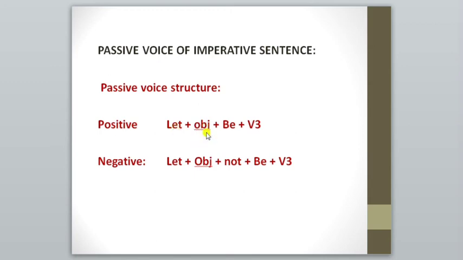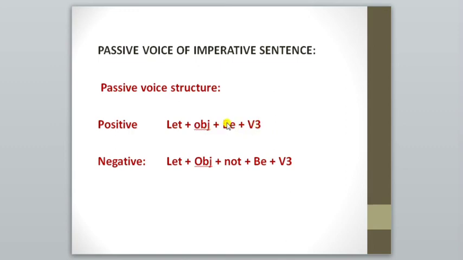Let plus object plus be plus V3. Suppose here your sentence is open the door. Open is the verb, the door is the object, means only verb plus object. Then while writing the answer, you have to take what first in the beginning of the passive voice? Let. Let the door be open.